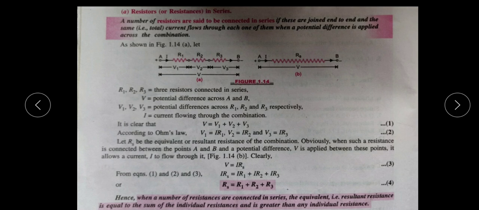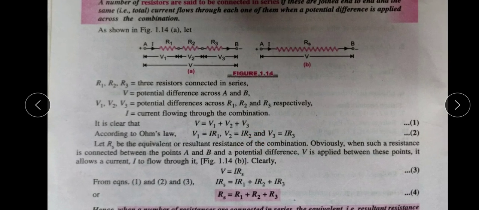Okay, look at the diagram. R1, R2, R3 are the three resistors. V is the potential difference across A and B. Then V1, V2, V3 are the potential differences across R1, R2, R3 respectively, which means V1 is the potential difference across R1, V2 is the potential difference across R2, and V3 is the potential difference across R3.